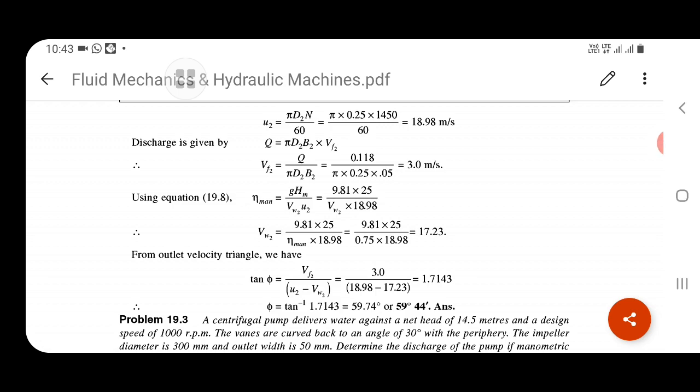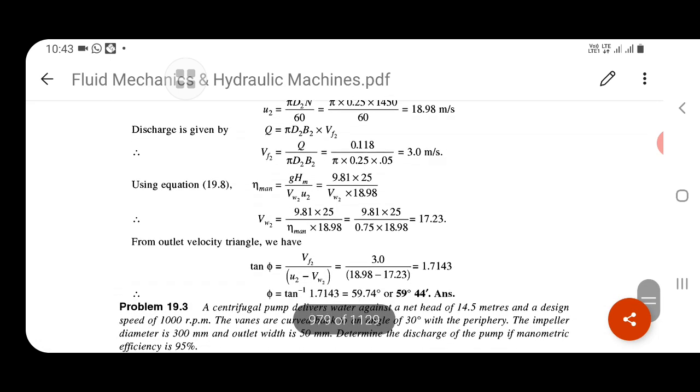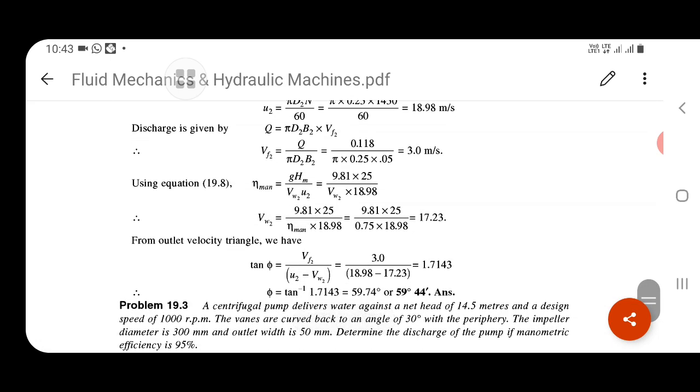So manometric efficiency is g Hm upon Vw2 U2. With g 9.81, Hm 25 meter head, we calculate Vw2: 9.81 into 25 divided by manometric efficiency 0.75 into 18.98.